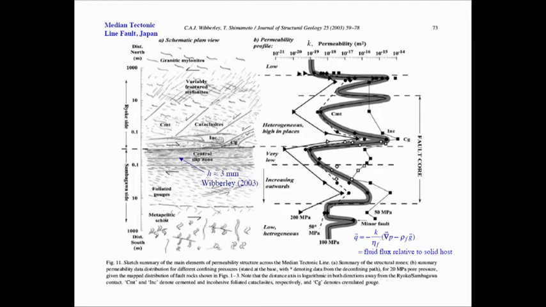Whenever we have to have numbers for parameters that enter simple theoretical models, what we resort to is data from this fault zone. And here there are lovely studies where the permeability of the rock, its resistance to fluid permeation through it, is plotted as a function of distance from the fault for samples which are confined.